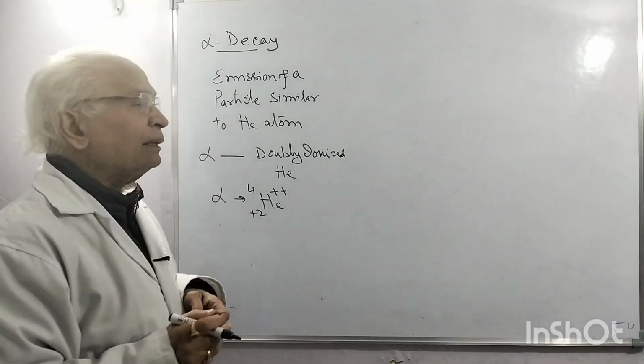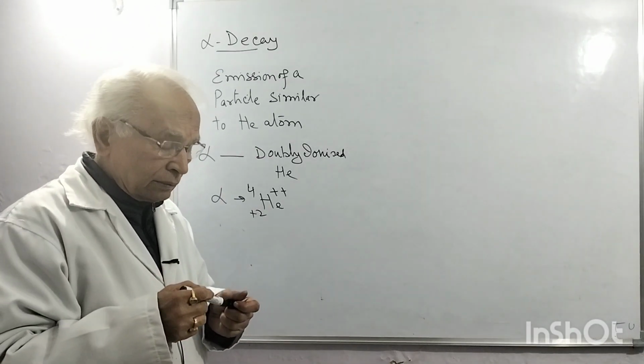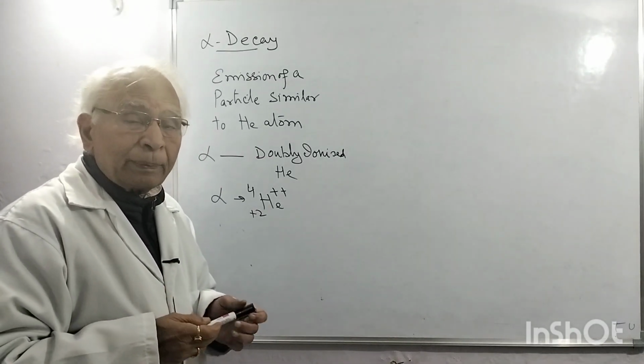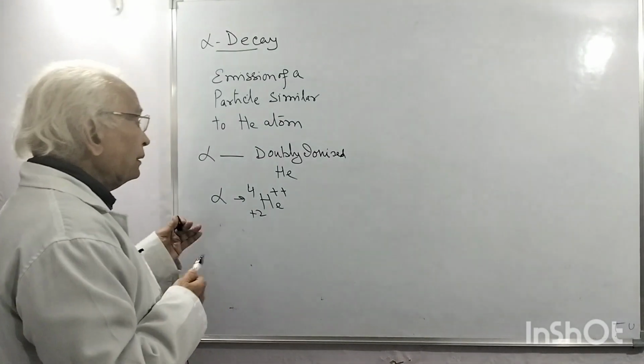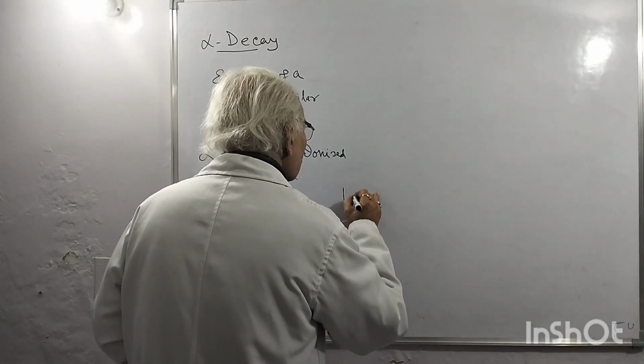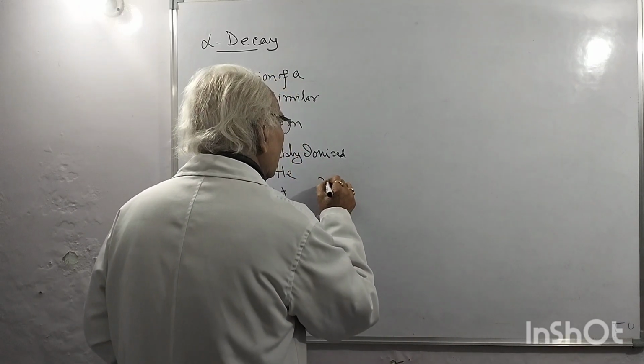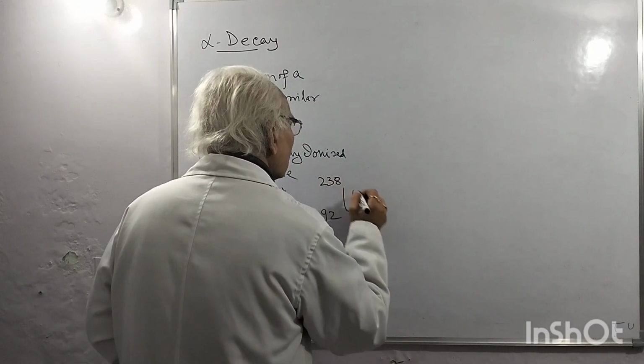This alpha particle does not exist inside the nucleus. The alpha particle is not present inside the nucleus and it is coming out. I give an example, say uranium, 92 is the charge, 238 is the mass.